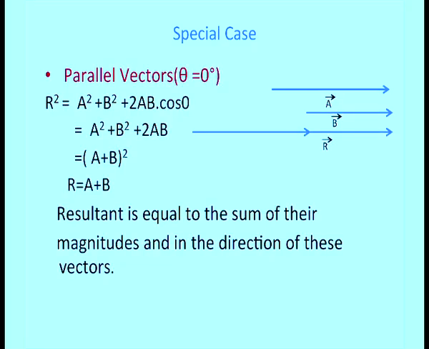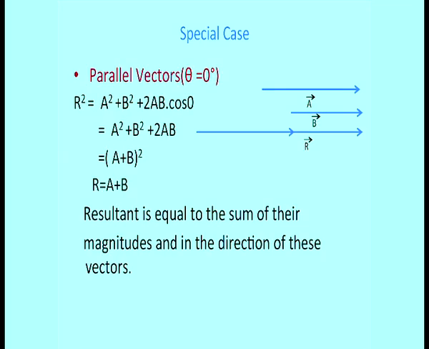Now, there are some special cases for parallel vectors. For parallel vectors, the angle between the two vectors is 0 degree. As you can see on the screen, vector A and vector B are two parallel vectors and the angle between them is 0 degree. In this case, we can put in the formula for resultant, that is R square equal to A square plus B square plus 2AB cos theta. In place of theta, we can put 0.